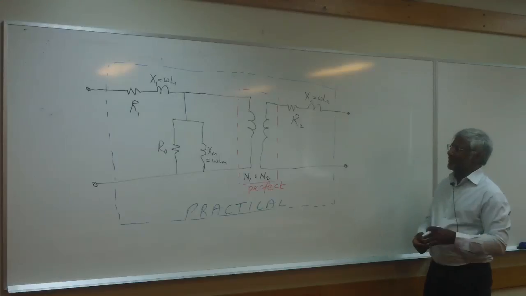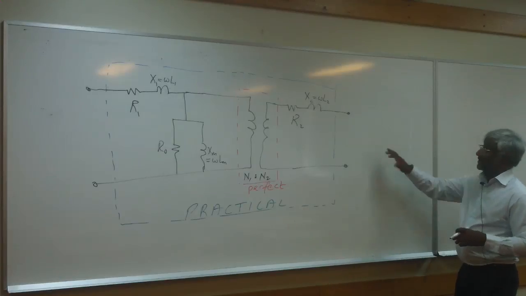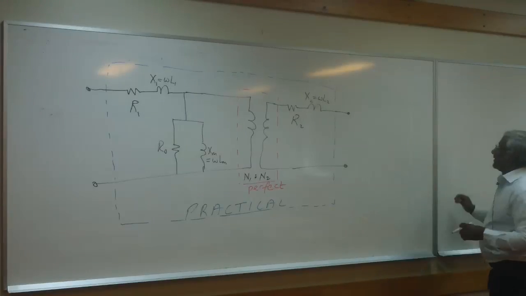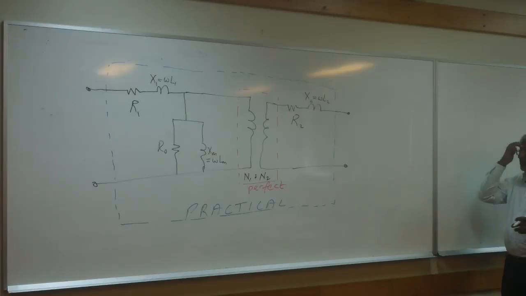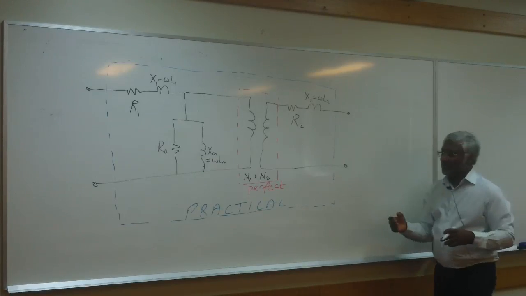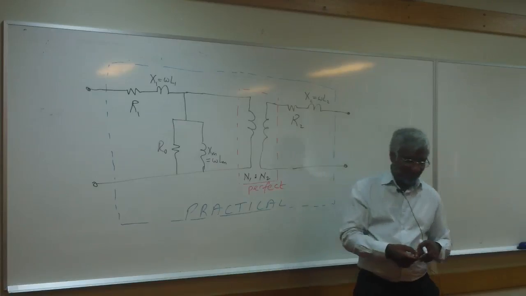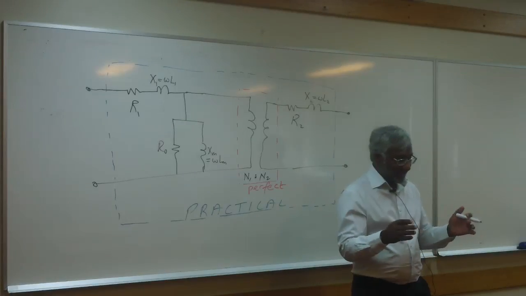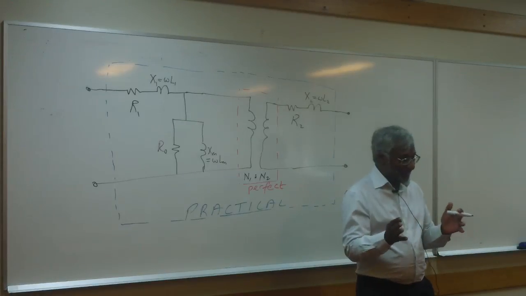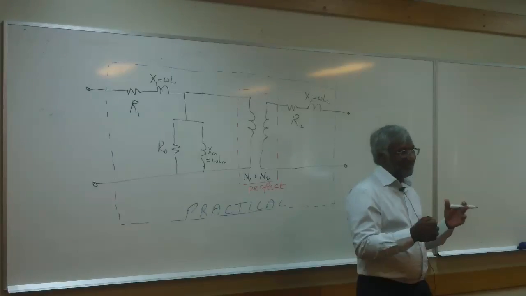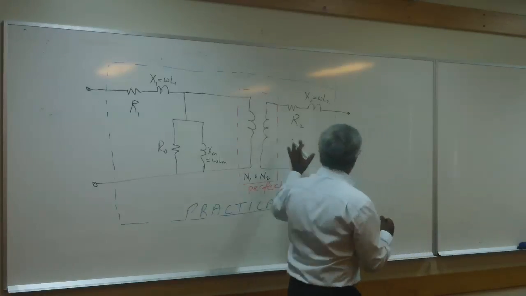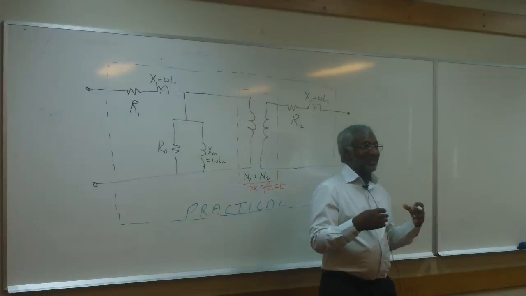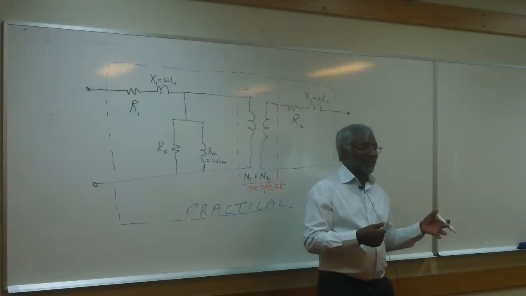Okay, so what is done in practice? This is simplified. I shouldn't really use the word simplified; I am using it a little bit loosely here. It's simplified on a diagram, but you're not really making any further approximation.